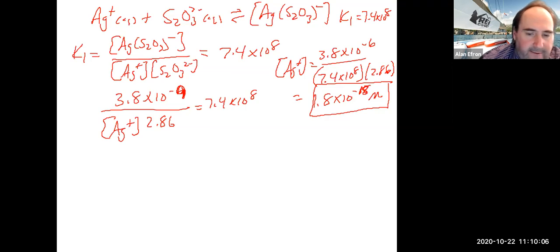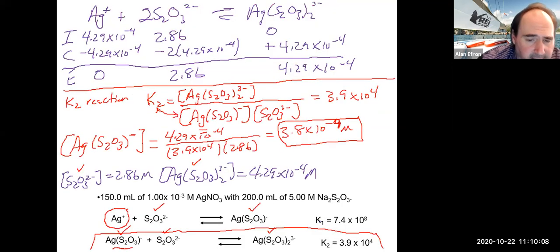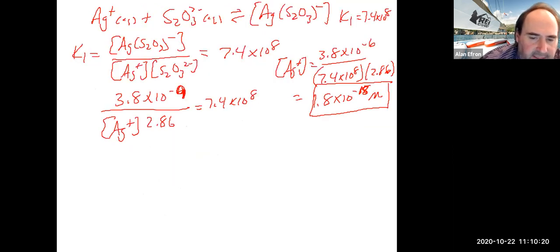There you go. Thank you. So yeah, I had it on my calculator. I just wrote it wrong. So this number here that we just calculated previously was 3.8 times 10 to the minus 9. And obviously that's the number we should carry over here to give us our 1.8 times 10 to the minus 18 molar.